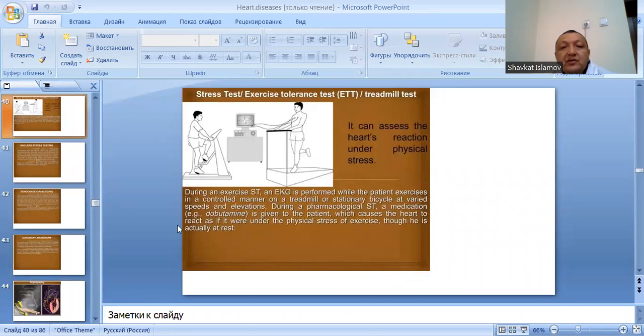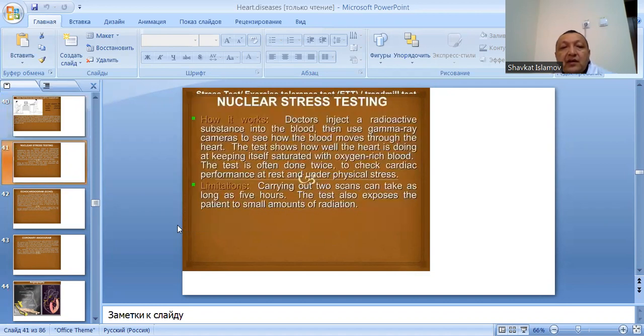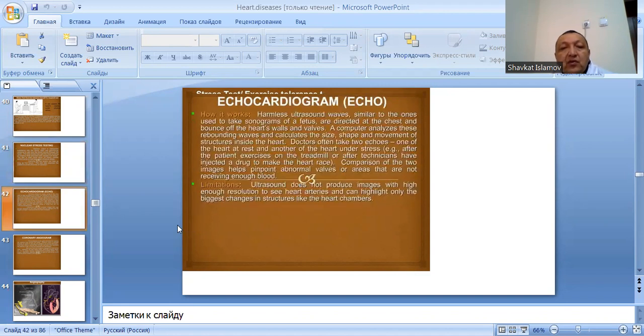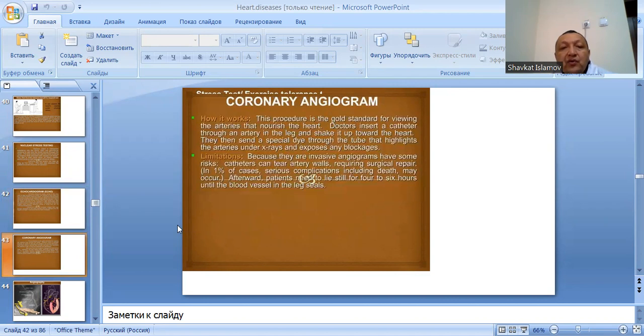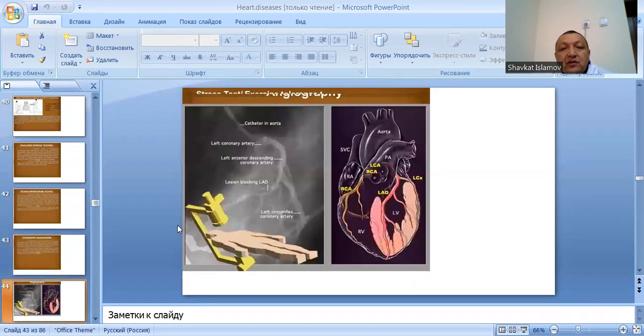It can assess the heart's reaction under physical stress. Nuclear stress testing, how it works, limitations. Echocardiogram. Coronary angiogram, how it works, limitations.